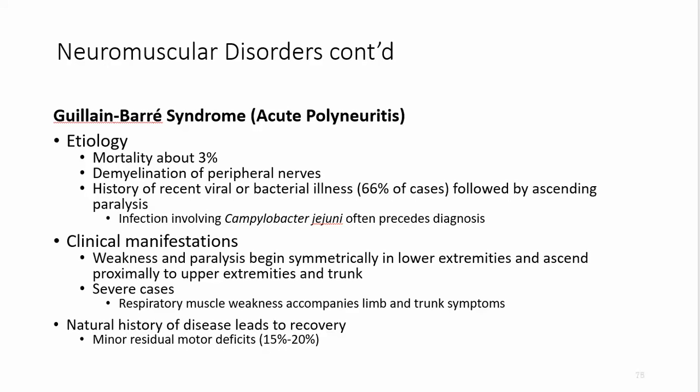The paralysis usually is symmetrical, starts in the lower limbs, and then comes up into the trunk. If the cases are really severe, then respiratory muscles are involved, and that leads to breathing difficulties. In the past, I don't know if you've ever heard of the iron lung.